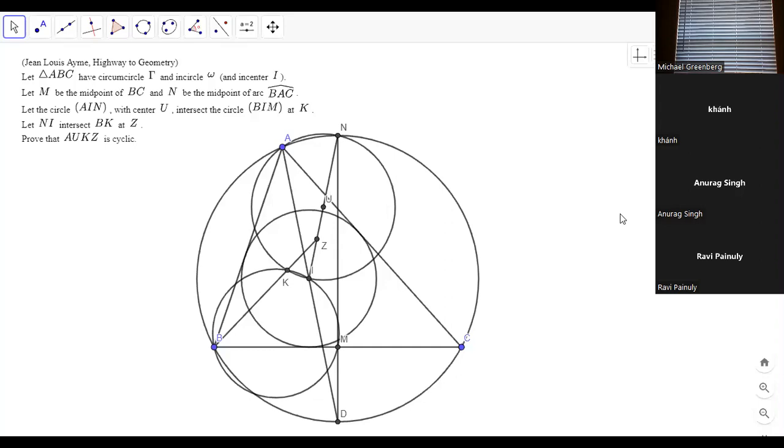All right. Oh, it's a pink bird. It's your avatar. All right.